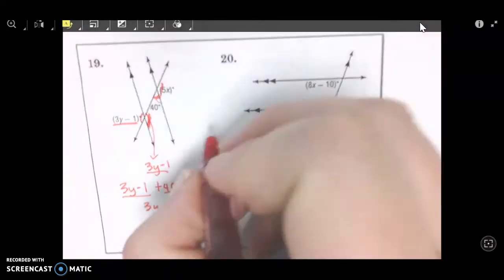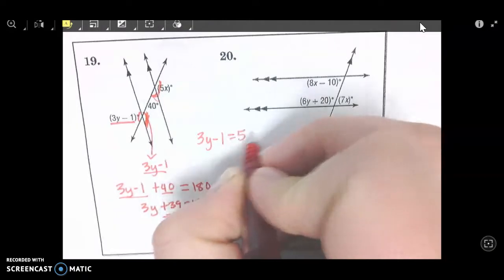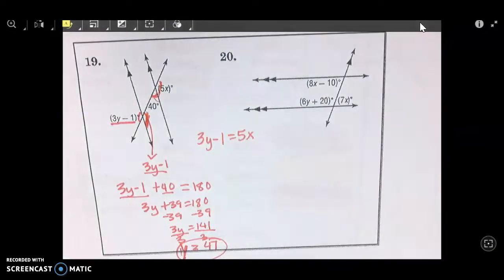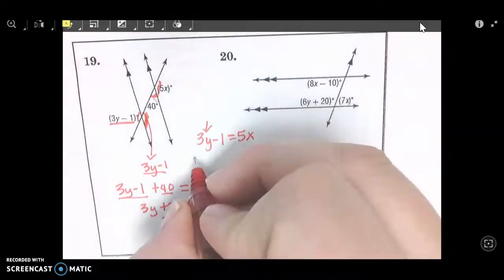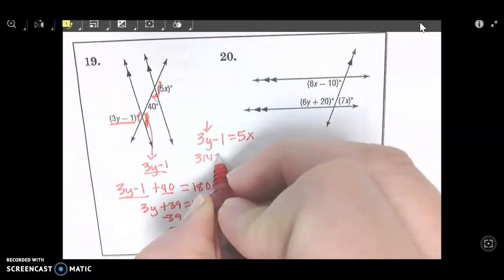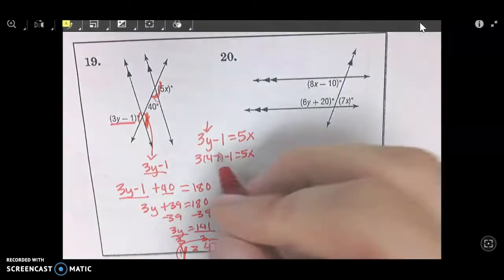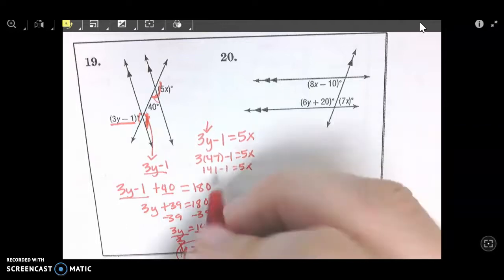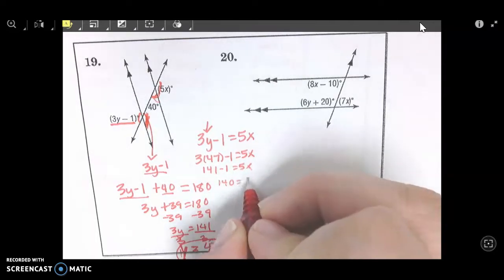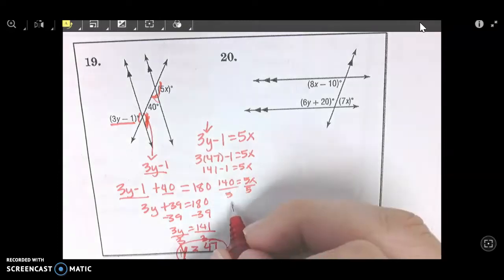Corresponding angles are congruent, so you can set it up and say 3y minus 1 equals 5x, but we have two variables. You know what y is, so plug in y. y is 47. 3 times 47 minus 1 equals 5x. 3 times 47 is 141, minus 1 equals 5x. So 140 equals 5x, divided by 5. And 28 is our x.